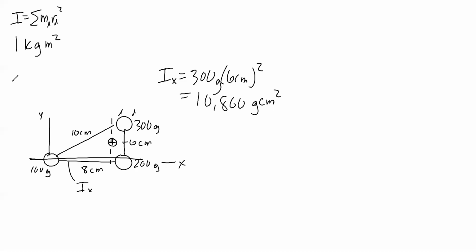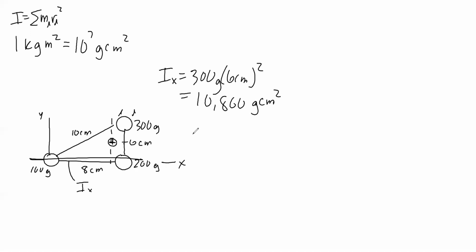So I wouldn't worry too much about that, but you can show in the calculations that this equals 10 to the 7 grams square centimeters. So there's 10 million gram square centimeters in a kilogram square meter. That usually makes these numbers very small in practice, but anyway, we'll just move on. I'm just going to stick with these 10,000 type numbers.